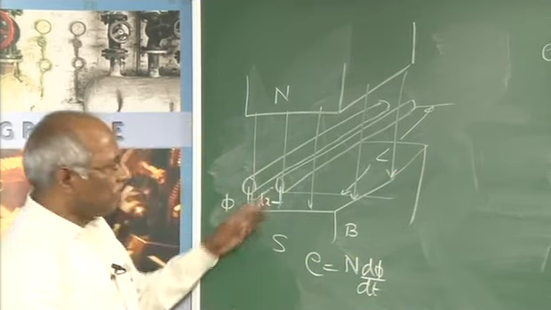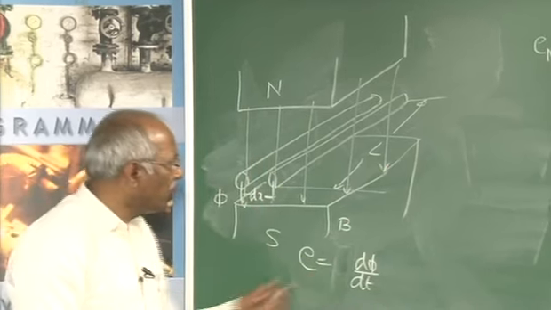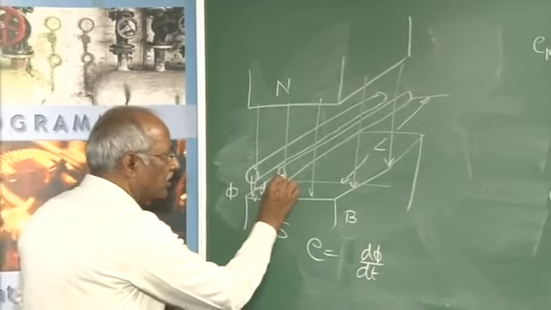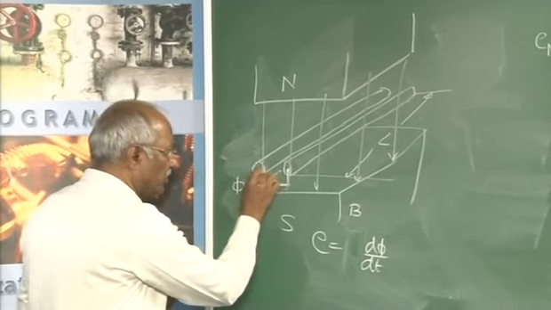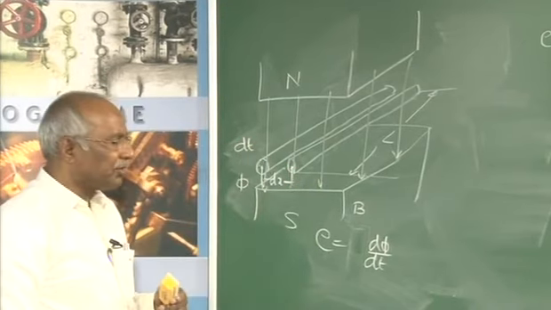Since I have considered only one conductor, I can take N as equal to 1. If I move the conductor from this position to this position in time dt, what will be the induced EMF?